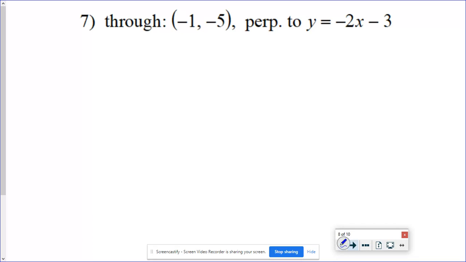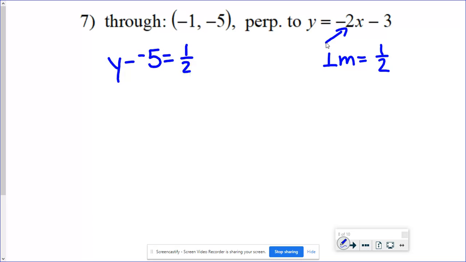This line has a slope of negative 2. So my perpendicular slope is going to be a positive 1/2. Y minus my y number equals m times x minus my x number. So I'm going to have y.